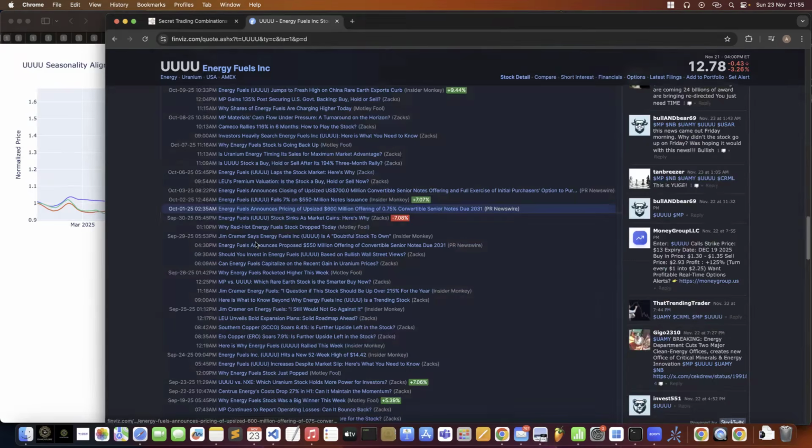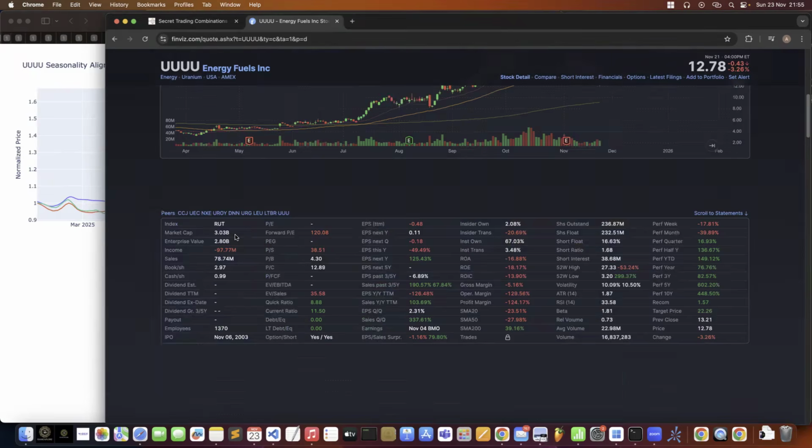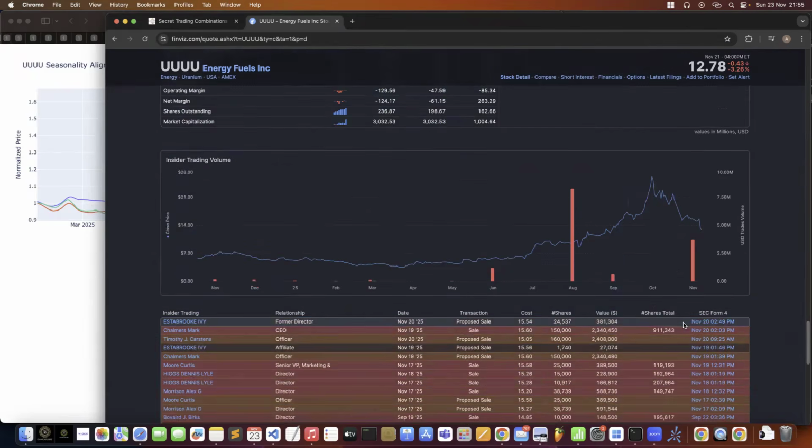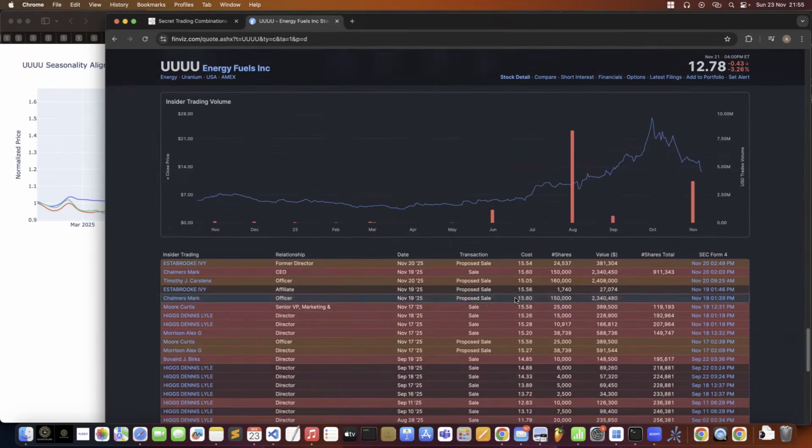Before we look at that, let's look at what the entire asset is worth. It's worth 3 billion, right? 3.03 billion. You see that. I can see why. On the 19th, the sale has been proposed from 17, then it's sold on the 18th, 19th, and 20th. So the 18th sale wasn't that high, 500K, 100K, 150K, 200.